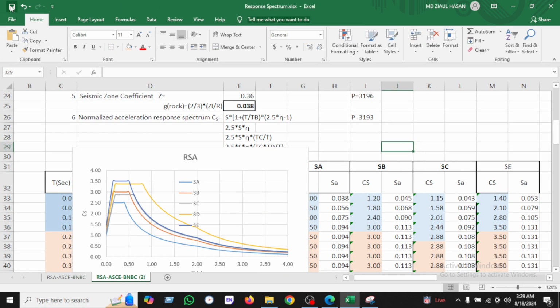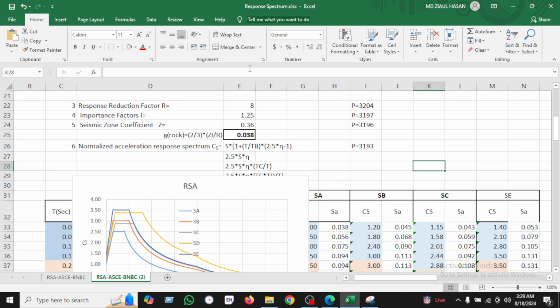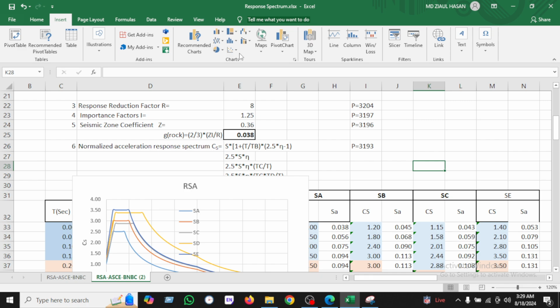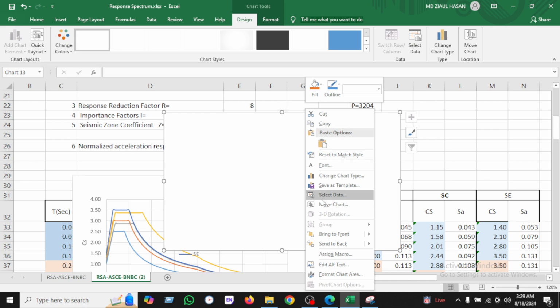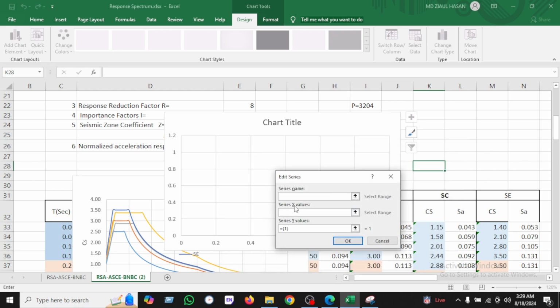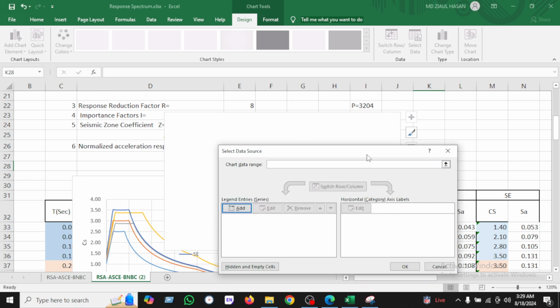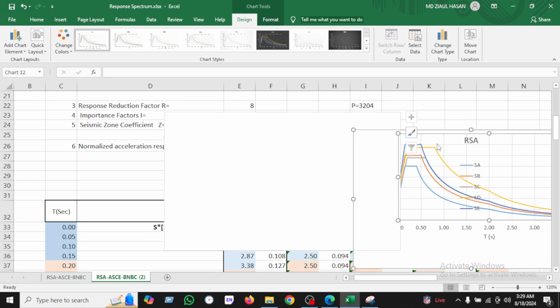We can see the CS versus time period. If you want to draw the SA versus time period, we can also draw. So we can go to insert and scatter menu, and insert and add.